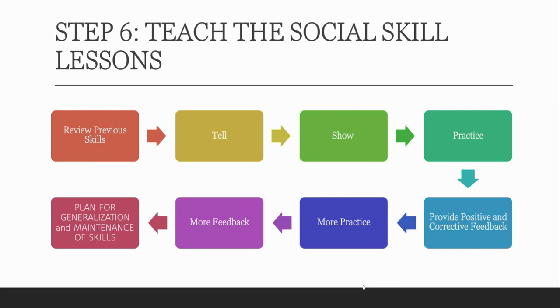We're going to give the do or the practice time. We're going to provide that positive and corrective feedback and then give the students opportunities for more practice and then more feedback, and then plan for the generalization and maintenance of those skills. And so it's very important that we look into those lesson plans to make sure all of these components are there.